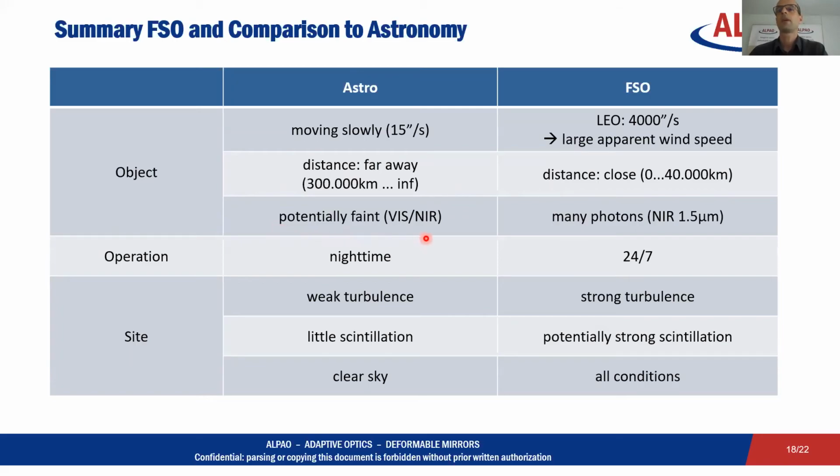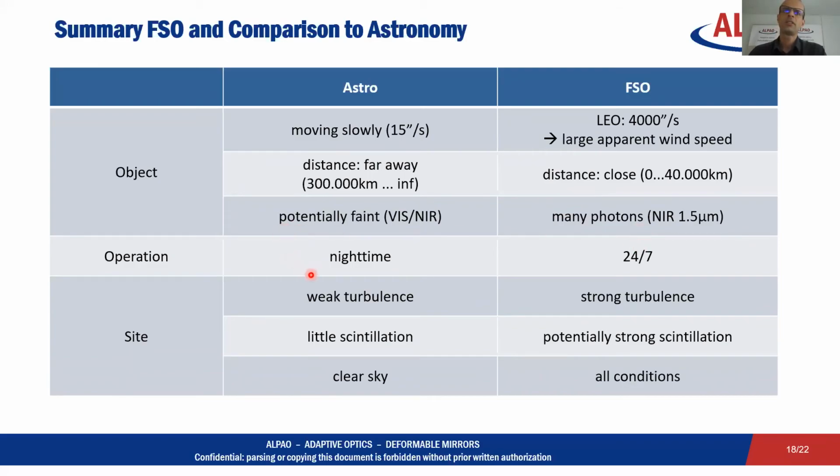Objects in astronomy can be faint over the spectrum of interest, visible or infrared, whereas in FSO, you normally have more photons available. So error due to measurement error of the wavefront sensor is less of a concern. And optical design is a bit less involved because very often it has to be optimized for a single or for two wavelengths only.